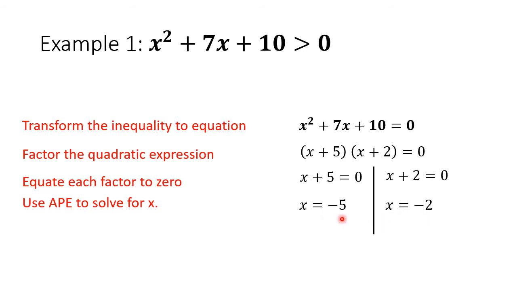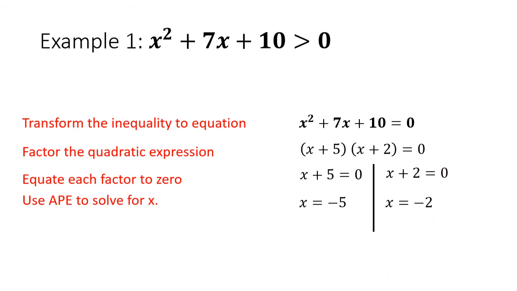So, negative 5 and negative 2 are what we call the critical points. Okay? Or the boundaries on our number line. So, let's try to graph it on a number line. Okay. So, we got earlier the roots of the quadratic equation x squared plus 7x plus 10 is equal to 0, which are negative 2 and negative 5.